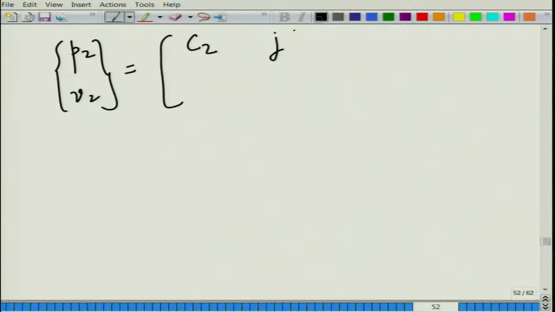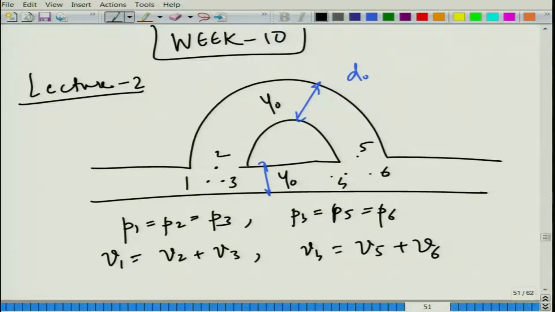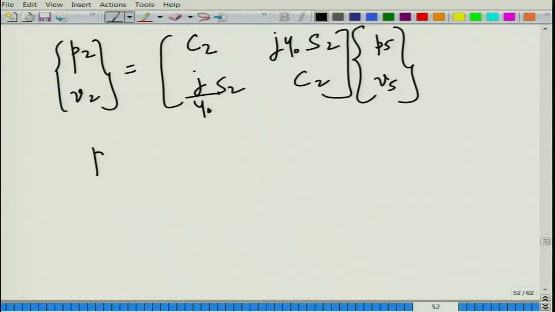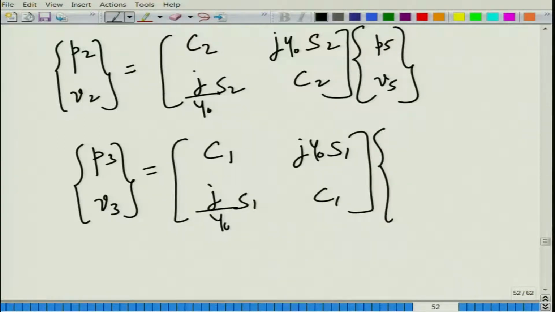So, this is J Y naught S2 C2, and here you have P5 V5, here you have P3 and V4. Here you have your C, let me call it 1, J Y naught S1 C1, P4, like this.